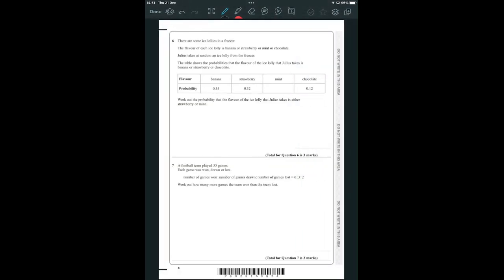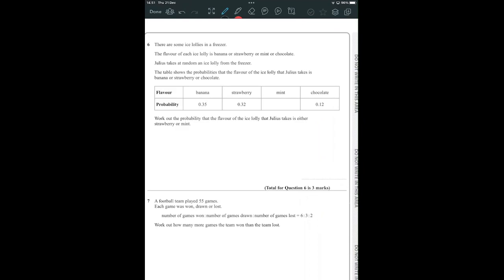Question 6. We have some ice lollies. This looks like a probability question. The flavour of each lolly is banana, strawberry, mint or chocolate. We're taking one at random. We have some of the data but not all of it. We want the probability of strawberry or mint. Well, mint is missing at the moment, and the one key fact you need to remember here is probabilities add up to 1.